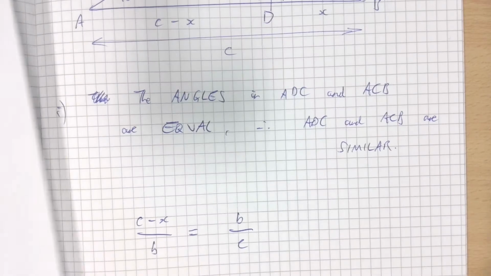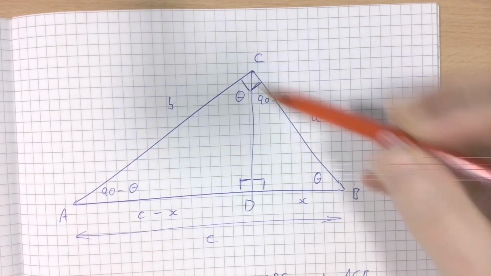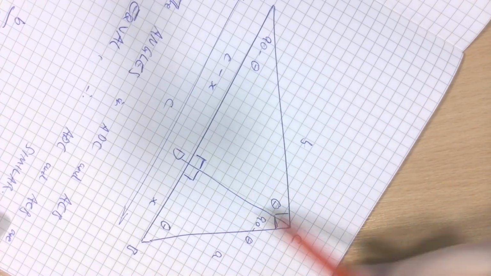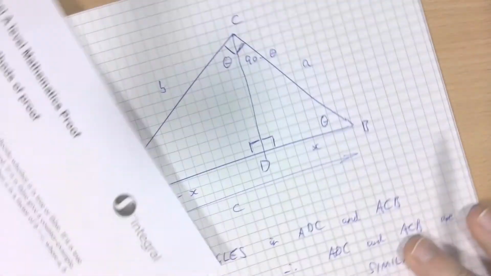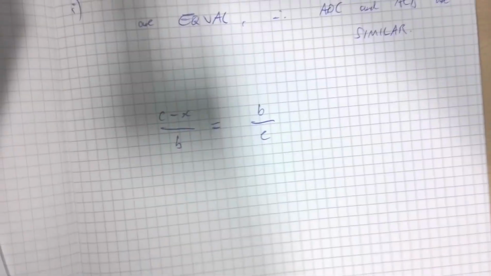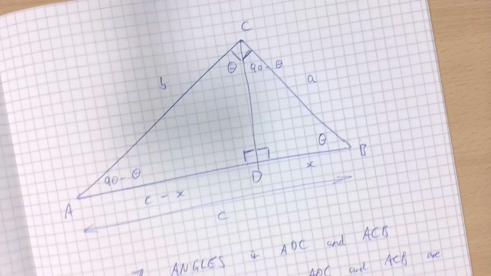So again, the ratio of this base to this hypotenuse is the same as the ratio of this base and this hypotenuse, because they are mathematically similar shapes. So, what does that mean?